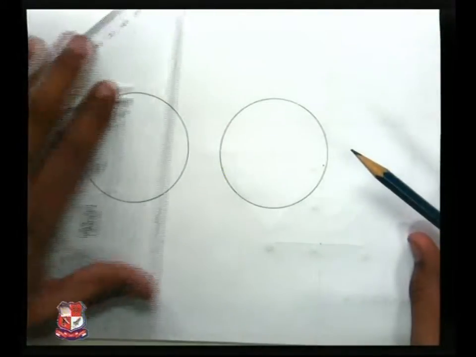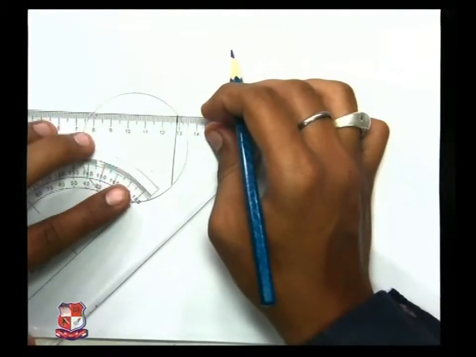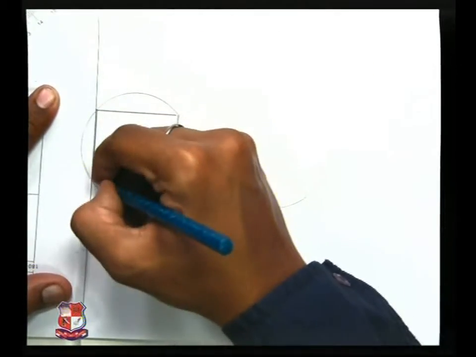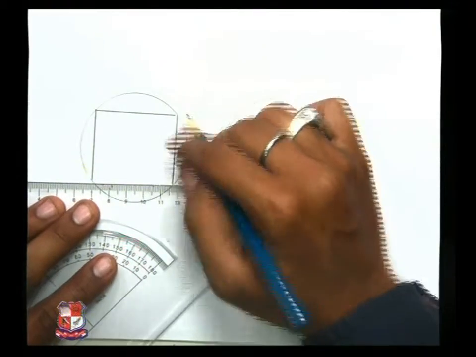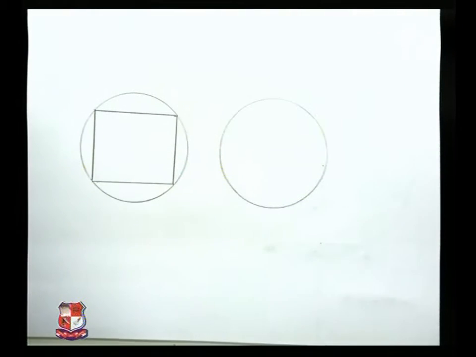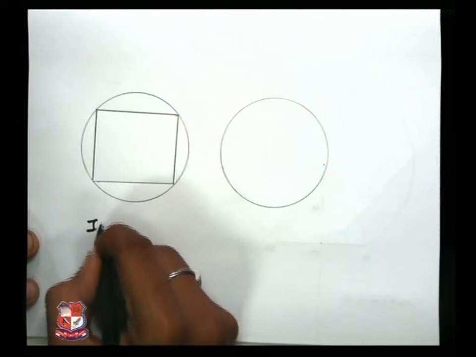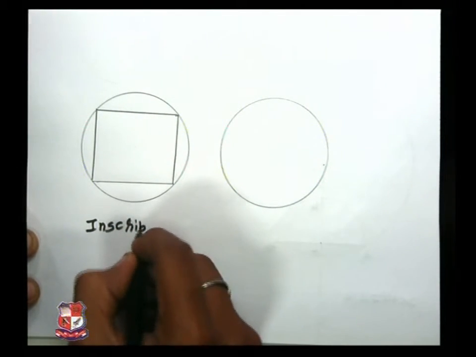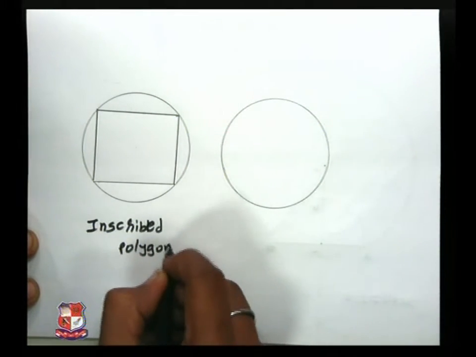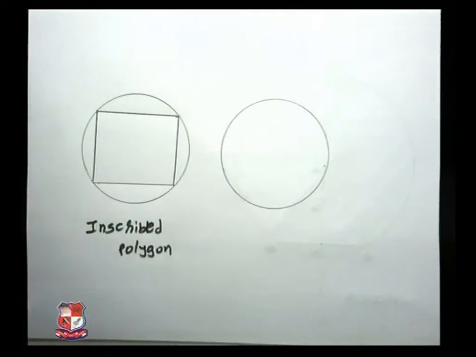If a polygon is inside the circle, then this polygon is called an inscribed polygon. This is an inscribed polygon. Now, what is a circumscribed polygon?